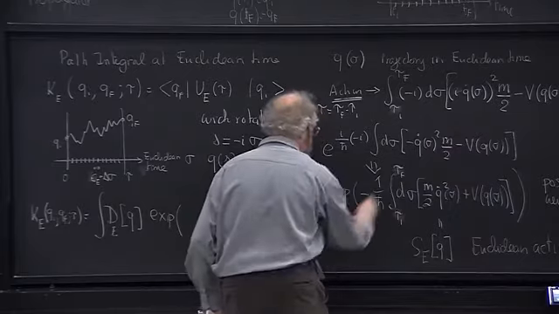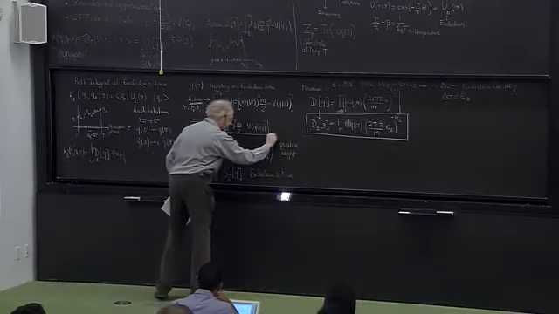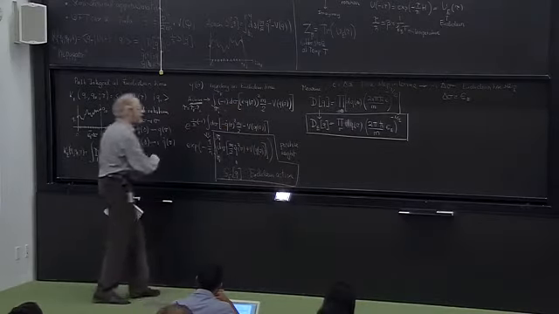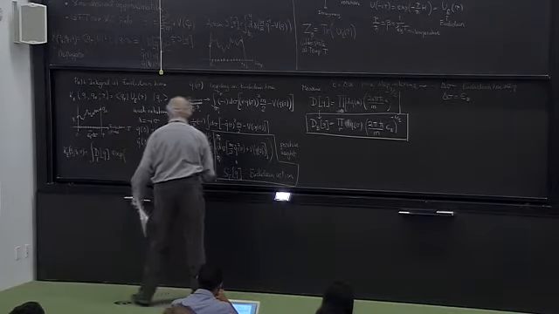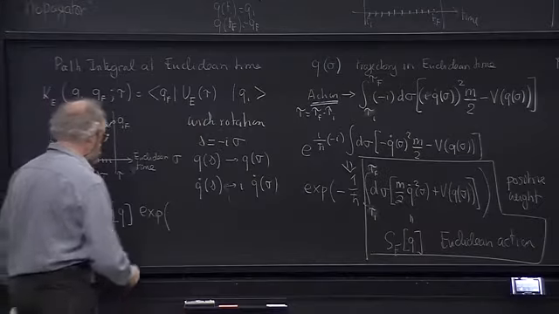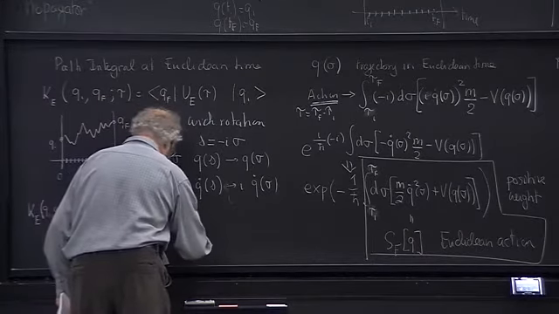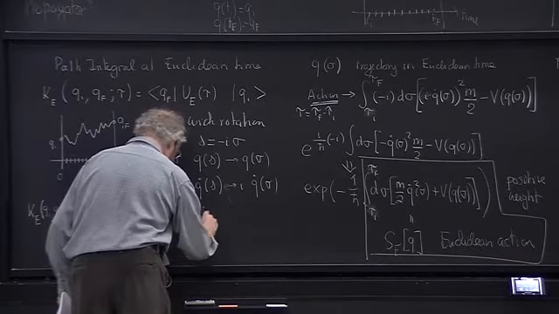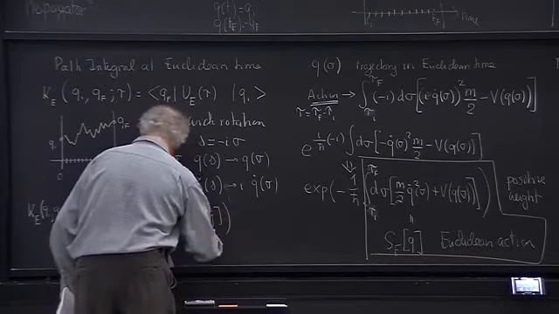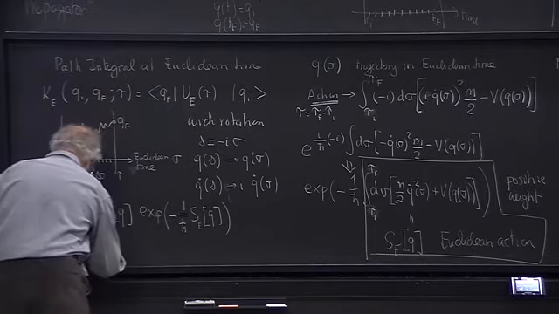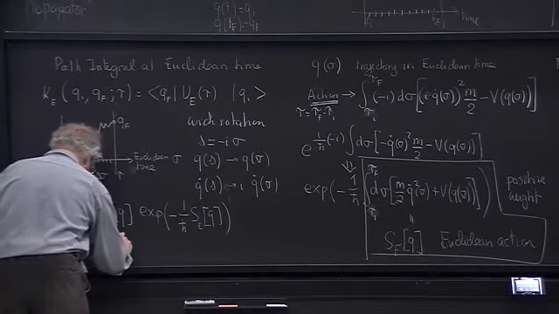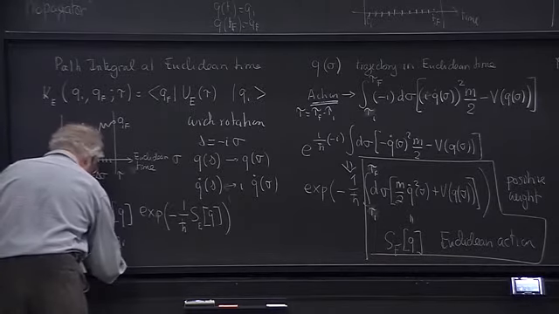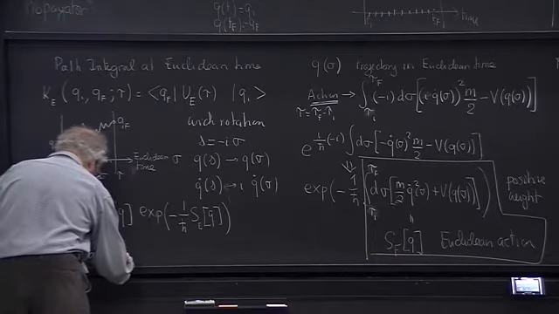Therefore, the weight associated to any Euclidean trajectory is exponential of minus 1 over h bar S Euclidean of this trajectory, with Q of tau initial equal to Q initial, and Q of tau final equal to Q final.